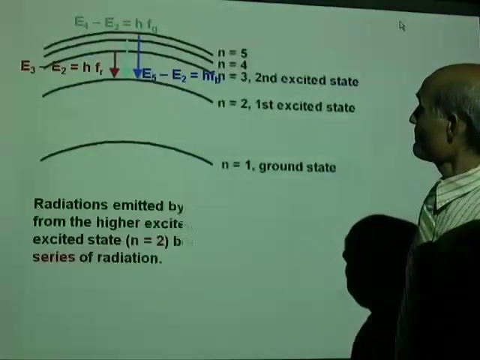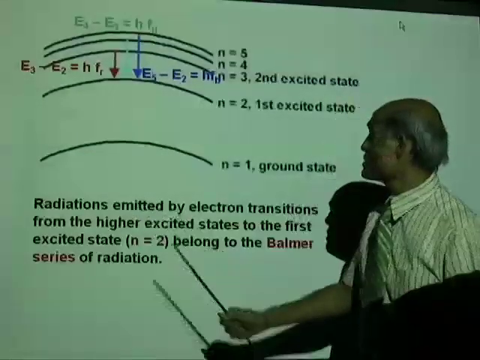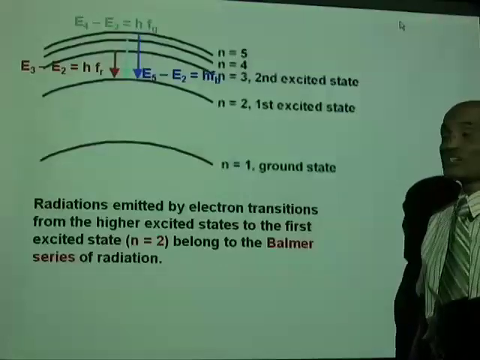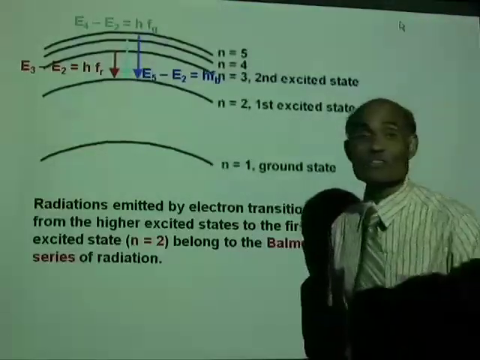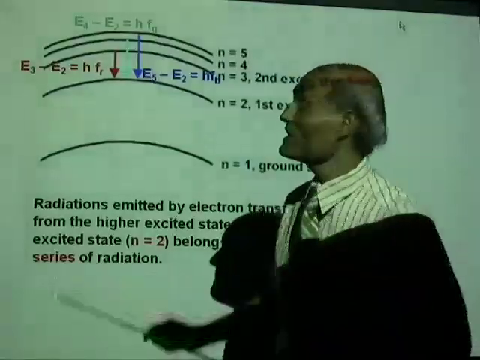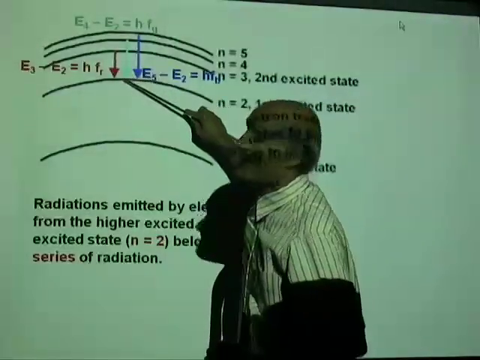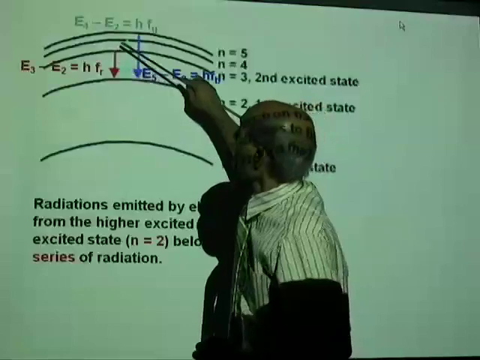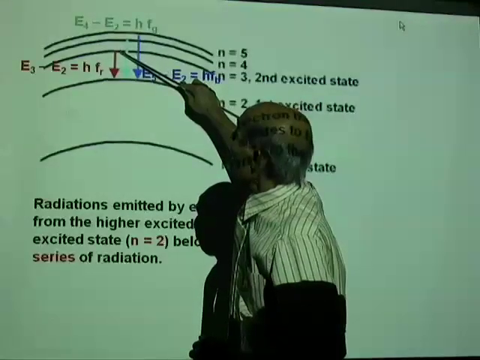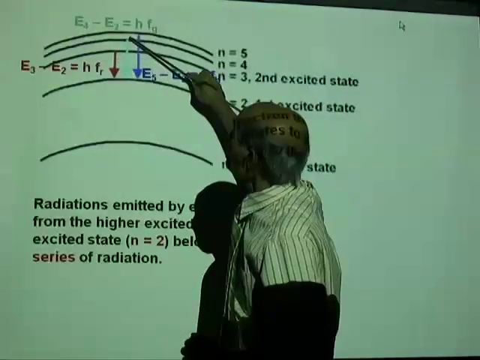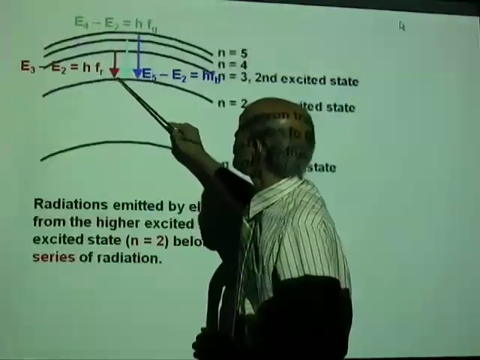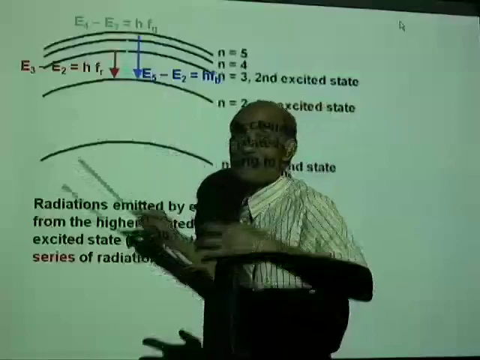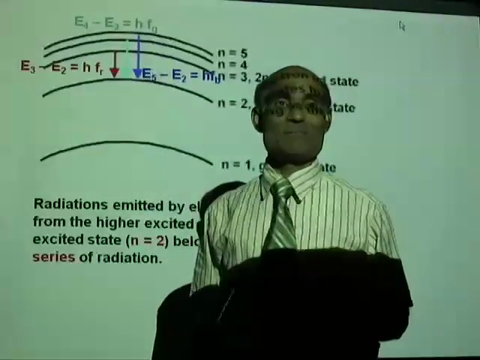There you are. Now, radiations emitted by electron transitions from higher excited states to the first excited state. Previously we considered electrons jumping from the third excited state to the second, the fourth excited state to the second. In other words, all these electrons were jumping into the second excited state.